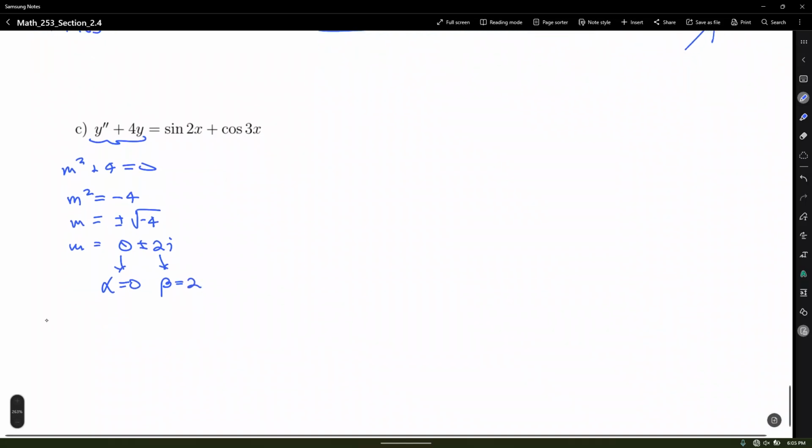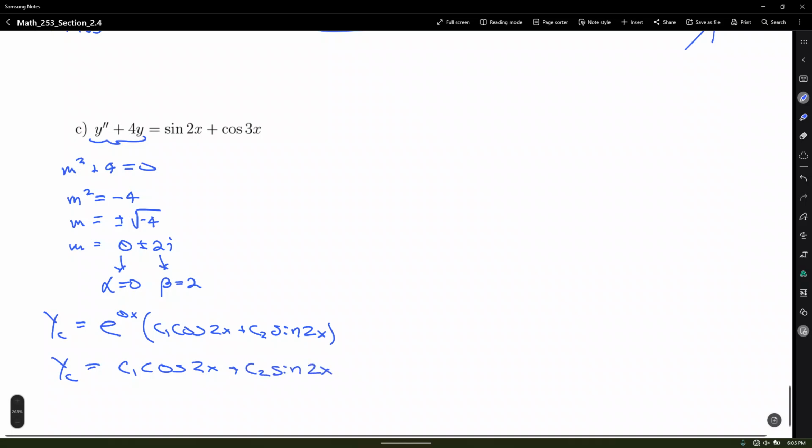So the solution, y sub c equals e to the 0x times c1 cosine 2x plus c2 sine 2x, where e to the 0x is just 1, so y sub c is c1 cosine 2x plus c2 sine 2x, all right?